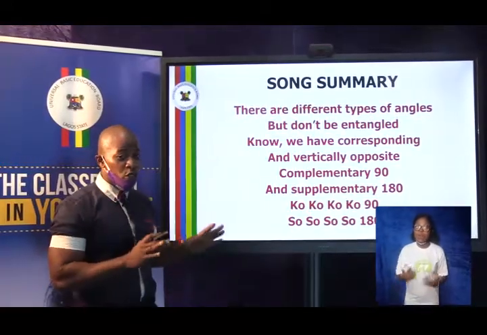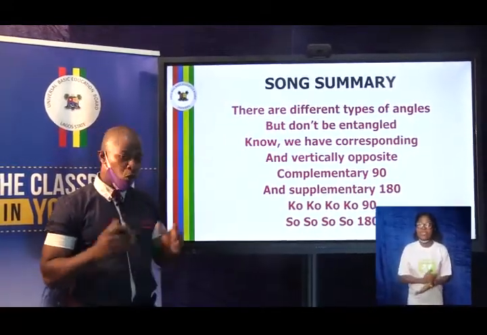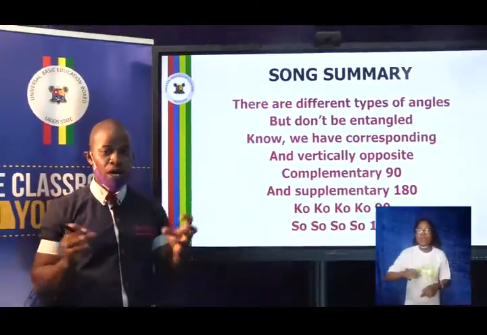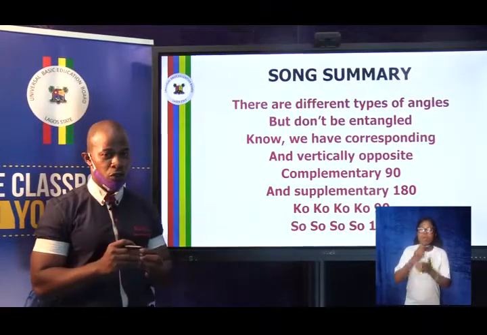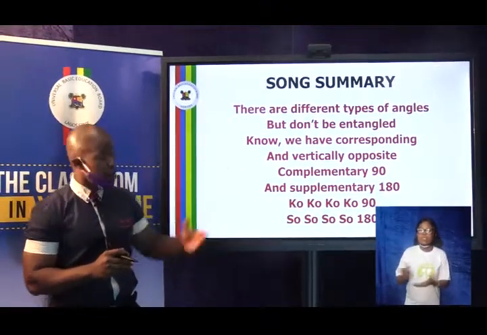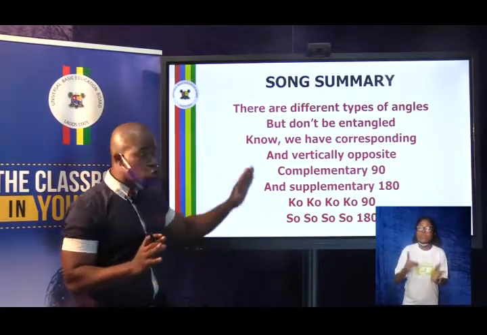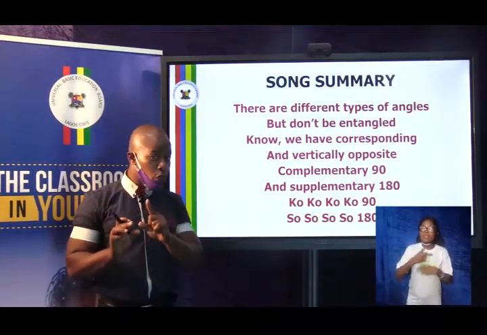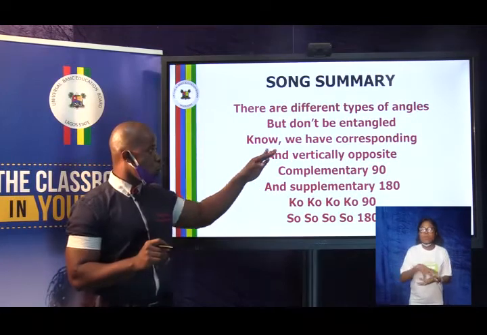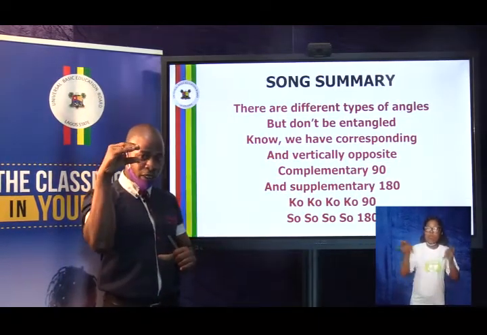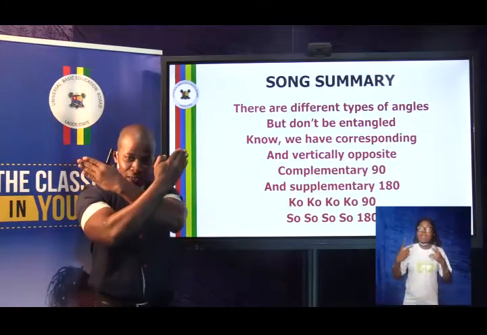Now we're gradually coming to the end of the lesson. We've talked about so many types of angle, and I did promise you that I have a song that helps you summarize everything so that you don't get them confused. This is the song right here. The wordings go thus: there are different types of angles, but don't be entangled, and that means don't be confused. Now, we have corresponding, and then you remember you have to put the F, corresponding and vertically opposite.